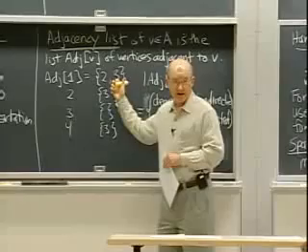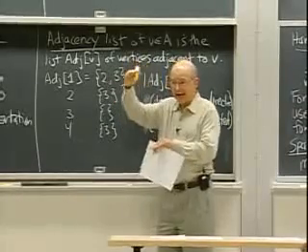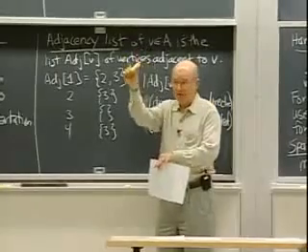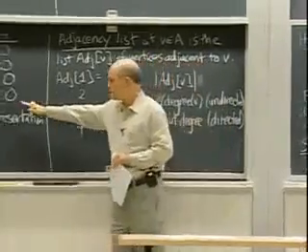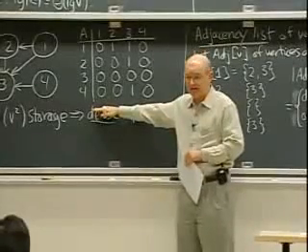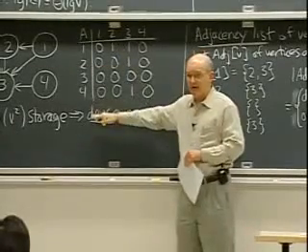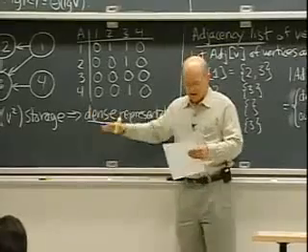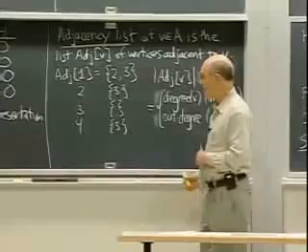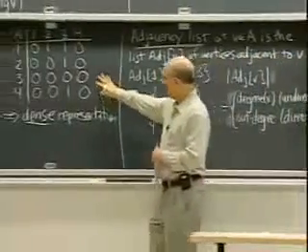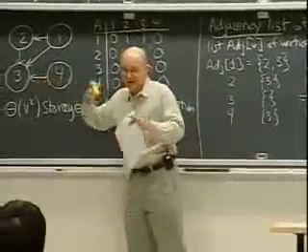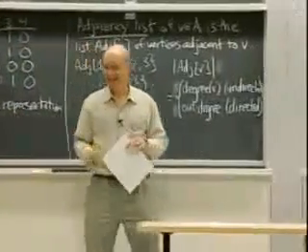You'll need order log of v to be able to name each different vertex. Okay, the log of the number is the number of bits that I need. So there are places where this is actually a far more efficient representation. In particular, if you have a very dense graph, okay, this may be a better way of representing it. Okay, the other thing I want you to get, and we're going to see more of this in particular next week, is that a matrix and a graph, there are two ways of looking at the same thing.